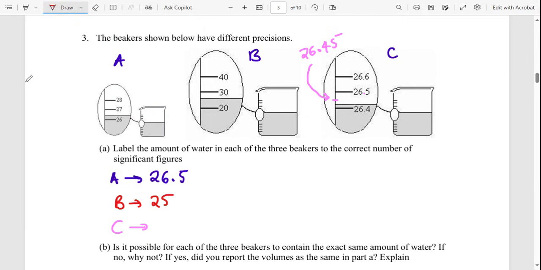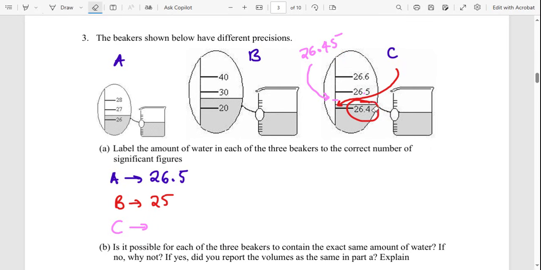Okay, 26.43. That's a very good try. So in case you don't know how to find it, what you do is just get this one, add to this one, and then divide by 2.